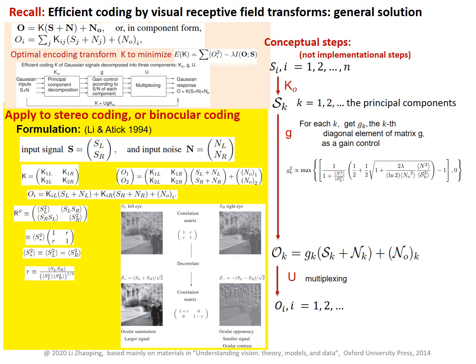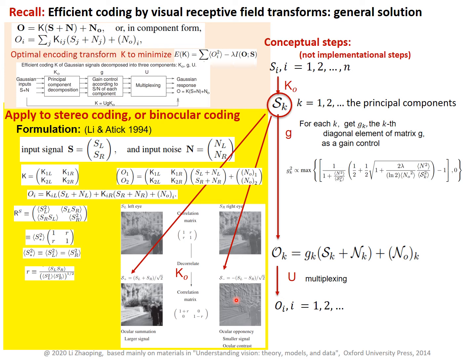Given these correlations between the eyes, the first conceptual step of efficient coding is to decorrelate with this K0 matrix. This turns out to be transforming the inputs S_L and S_R to two new input variables, S_plus and S_minus. One is the summation signal, summing inputs from the two eyes. The other is the difference signal, subtracting the input of the left eye from that of the right eye.